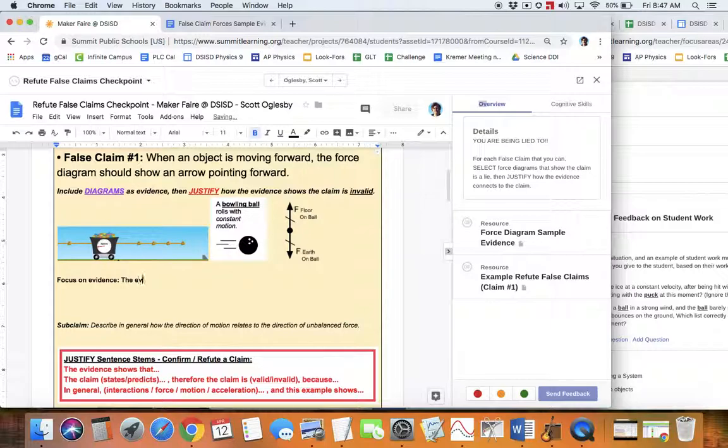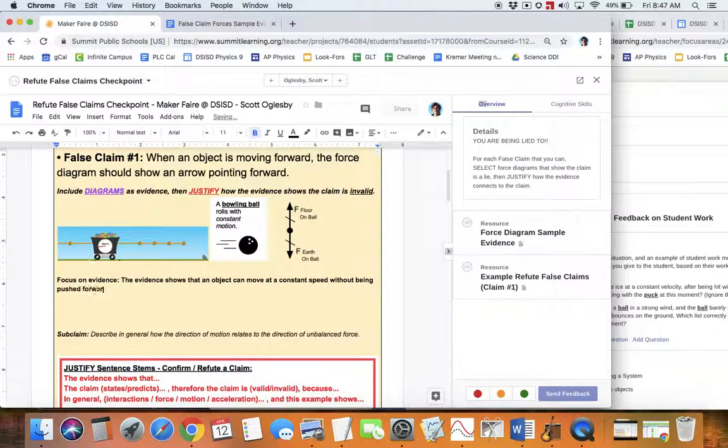The evidence shows that an object can move at a constant speed. Notice both of these objects are moving at a constant speed without being pushed forward. Meaning this ball is moving forward without being pushed forward. This cart is moving forward without being pushed forward.